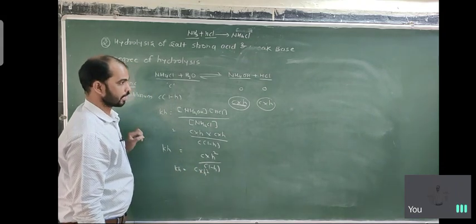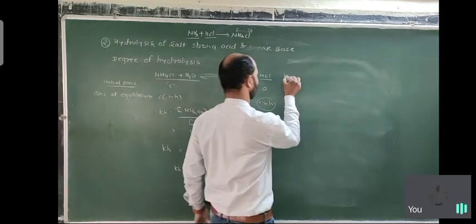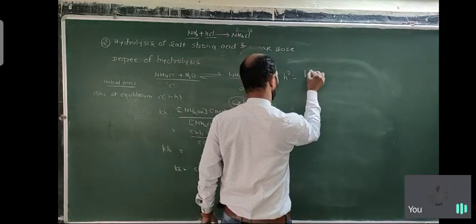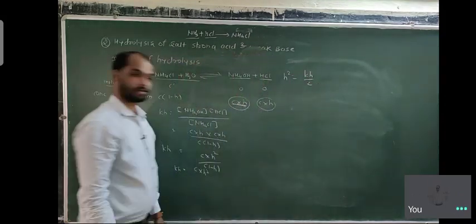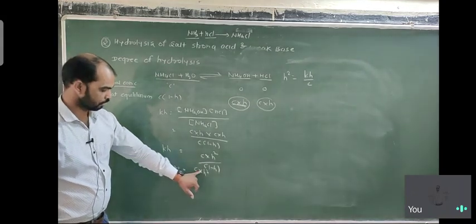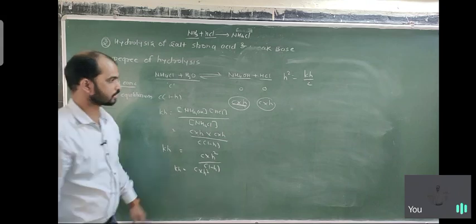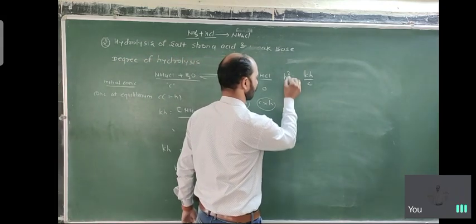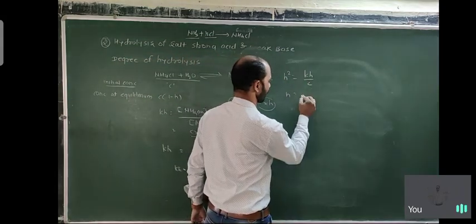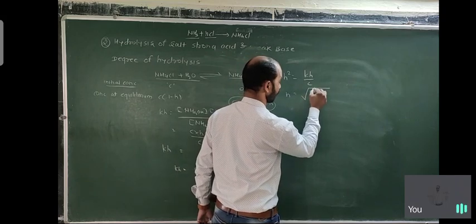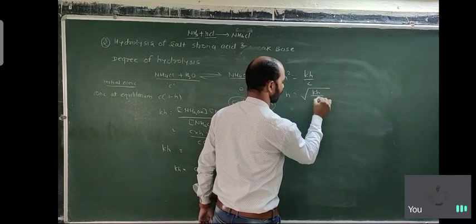So H square is equal to KH upon C, since C comes to the denominator. So H is equal to under root KH upon C, because it is a square, so this side converts into under root.